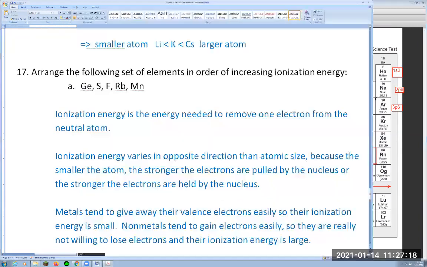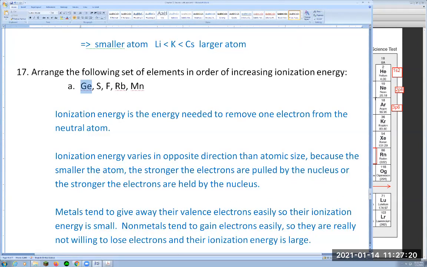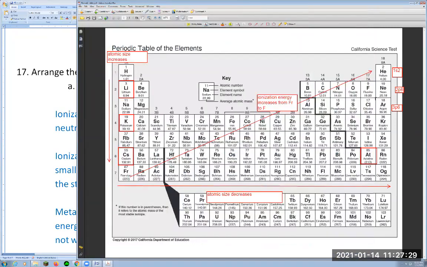So then if we look at our atoms here, let's select them. We have germanium, sulfur, fluorine, rubidium, and manganese. So we have germanium, we have sulfur, fluorine, and manganese here, right?